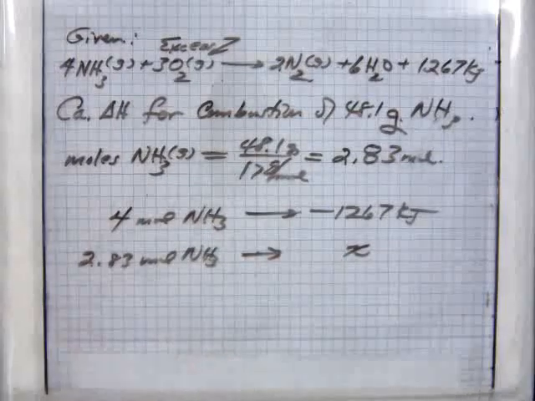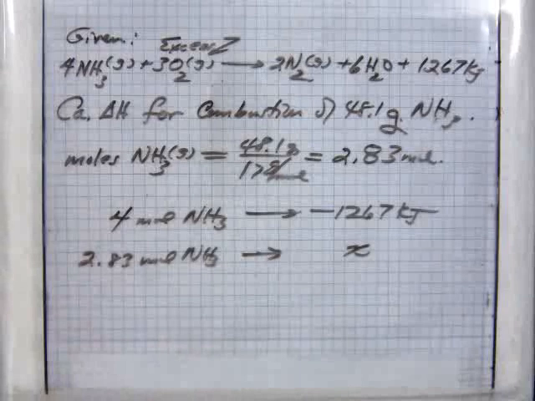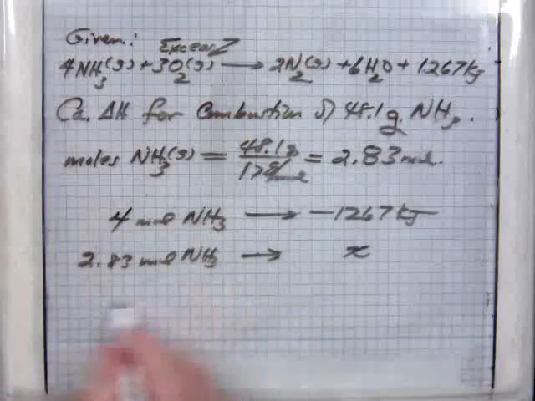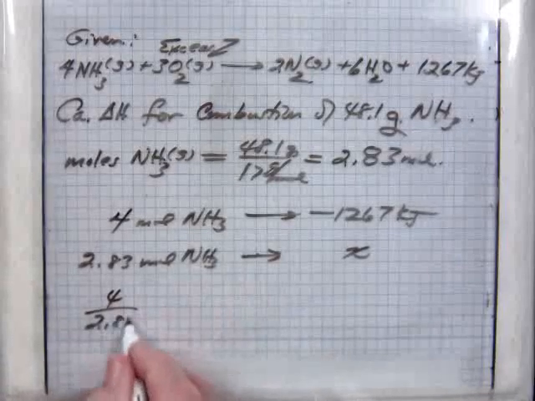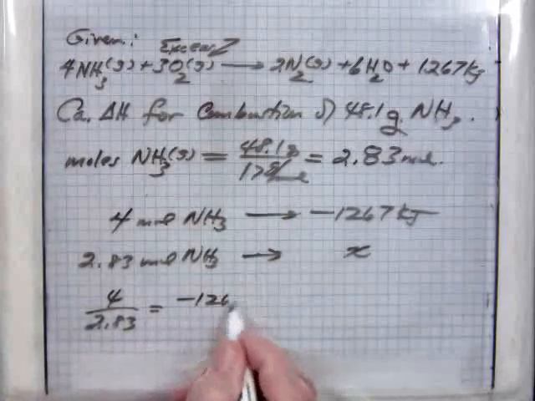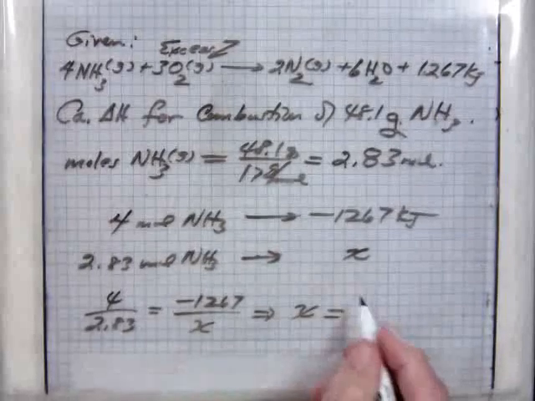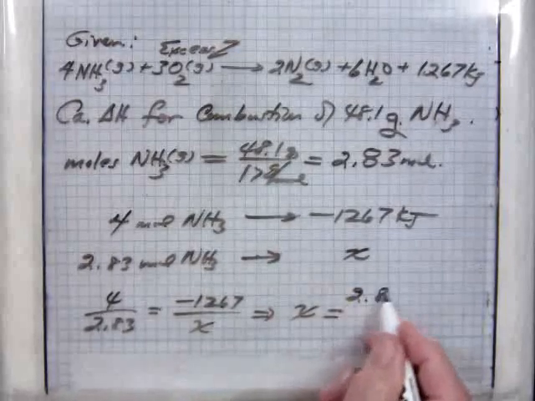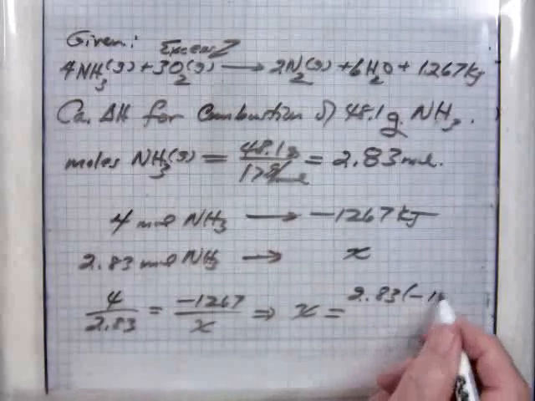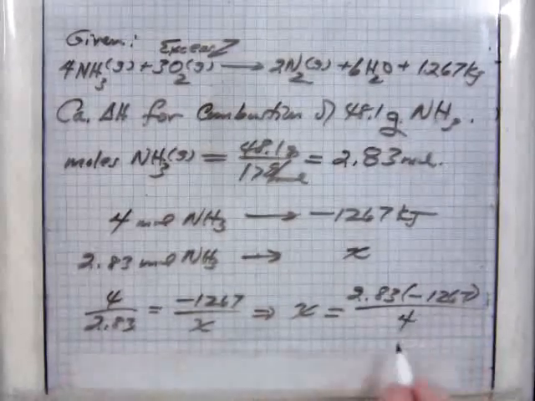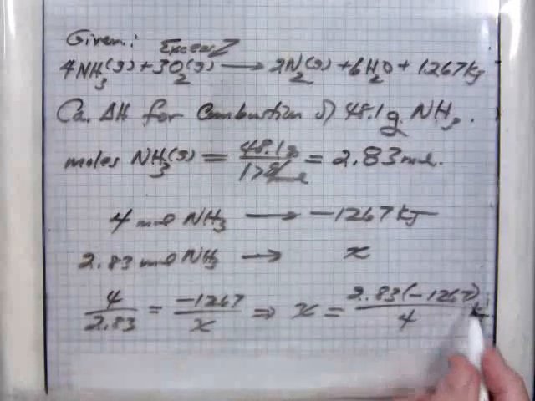So once you see these patterns, you really haven't got a significant problem. Now, mixing it up in other kinds of problems, it can get involved. So we have 4 over 2.83 equals 1267 over X, and solving for X, this is 2.83 times 1267 divided by 4, and that's going to come out in kilojoules.